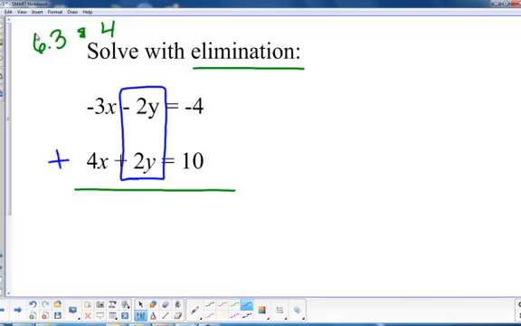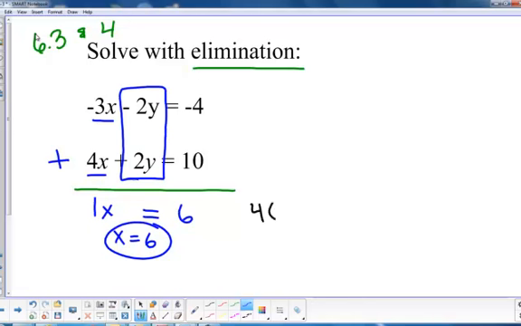In this case, we would eliminate through addition. So if we literally add the top to the bottom, negative 3x plus 4x is 1x. This cancels out, and then we get negative 4 plus 10, which is 6. So x equals 6. And then you pick which equation looks more enjoyable to work with. I'm going to pick the bottom one.